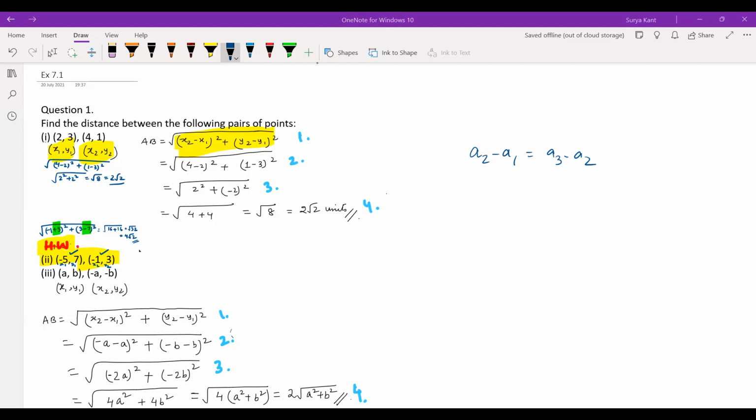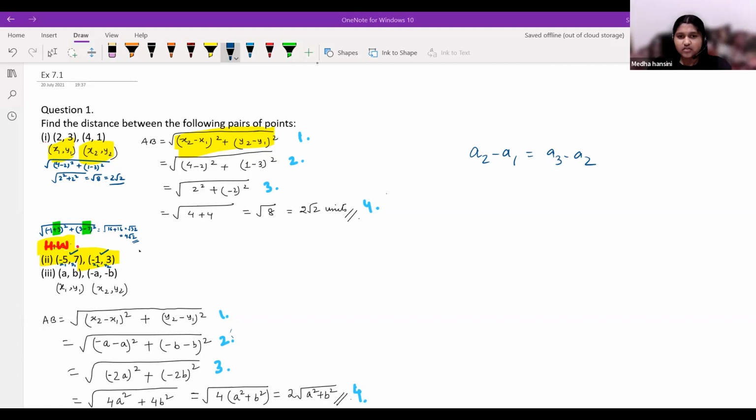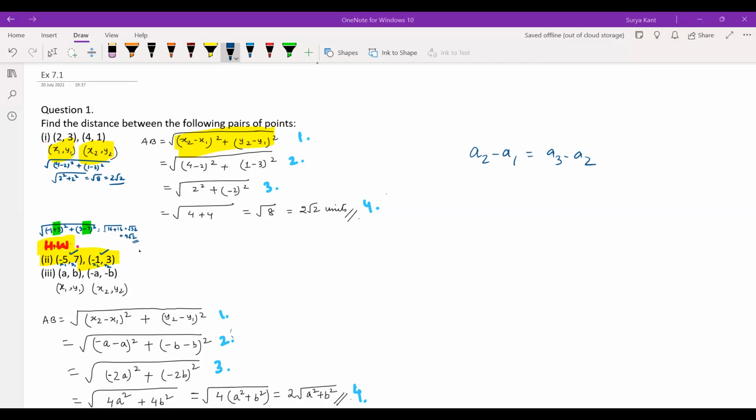So till where have we done, Shreyashi, in the last class? Eighth question, sir. 8th one we have done. So how many questions are there? 10, sir. I gave homework to do exercise 7.1, right?